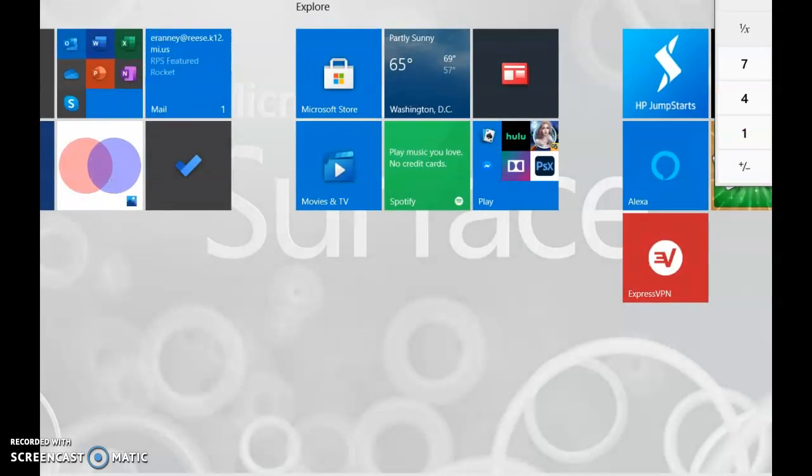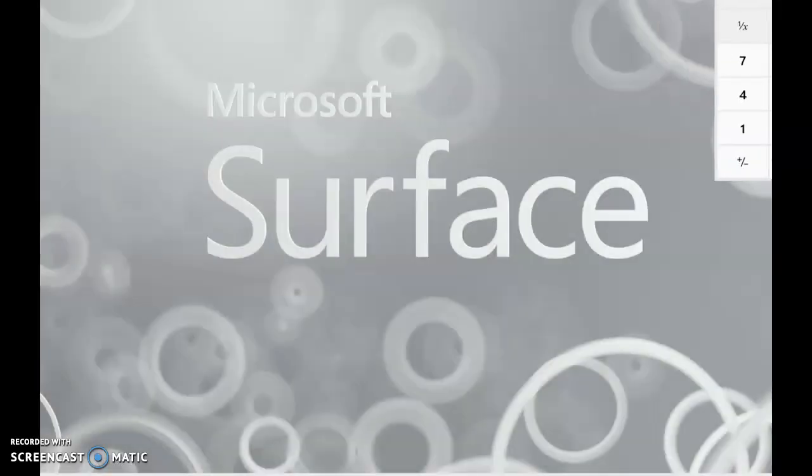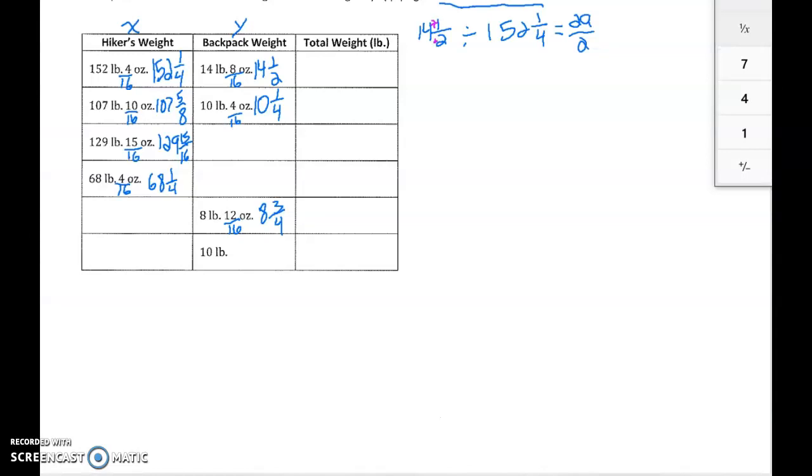Sorry, you're going to have to trust me because I don't know if I can get my calculator on the correct screen. And I am going to do the same thing right here. I'm going to go 4 times 152 plus 1, and then just trust me that that works out to be 609 over 4. Keep it, switch it, flip it.